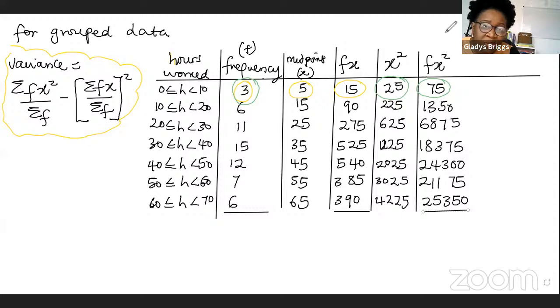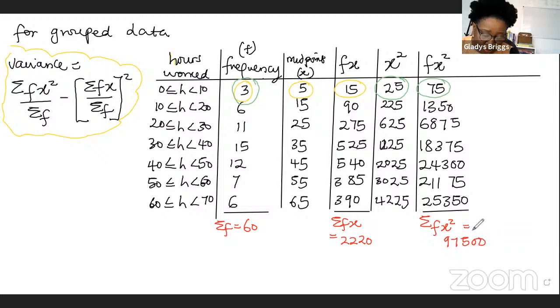So if you work your summations out, you should have sigma f equal to 60 for this one, sigma f times x equal to 2220, and sigma f times x squared equal to 97500.